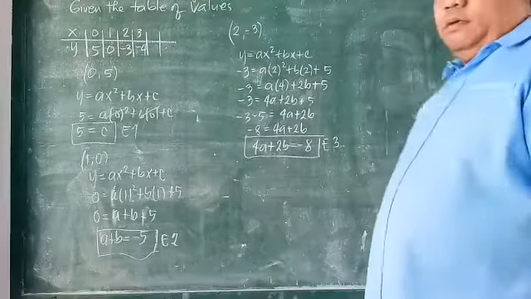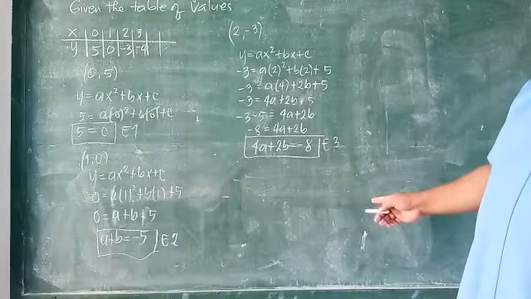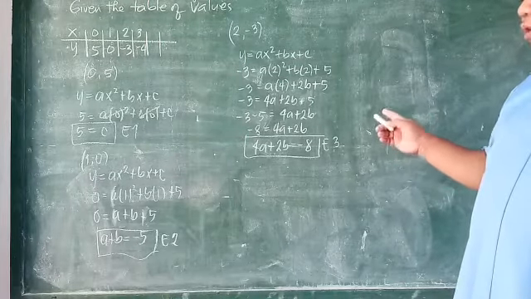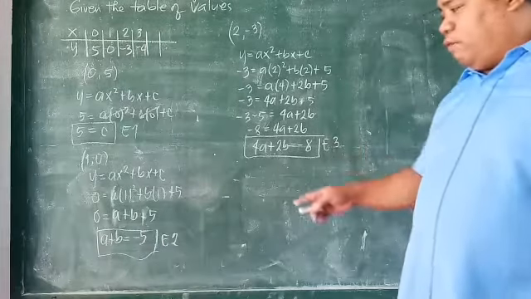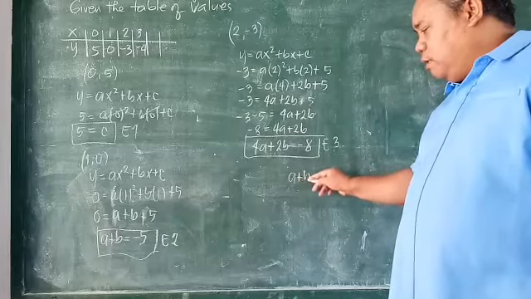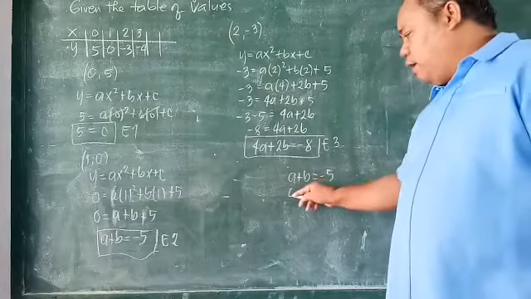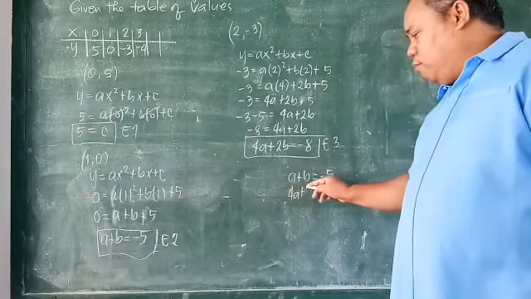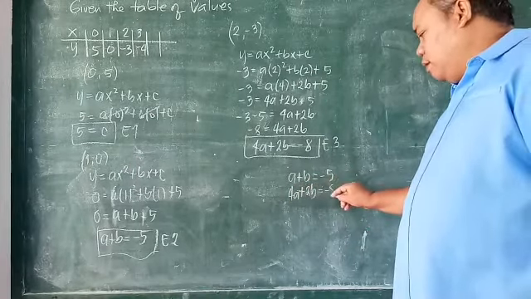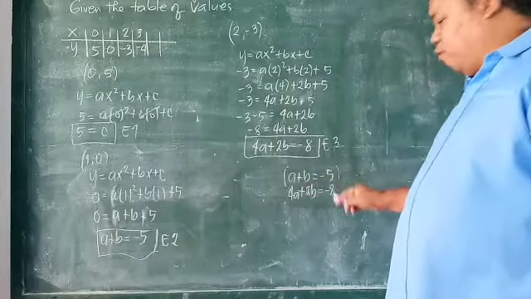Now, we are going to use the elimination method for equations 2 and 3 to get the values of a and b. Equation 2 is a plus b equals negative 5, and equation 3 is 4a plus 2b equals negative 8. In elimination, we're going to multiply the upper part by negative 4 to eliminate a.